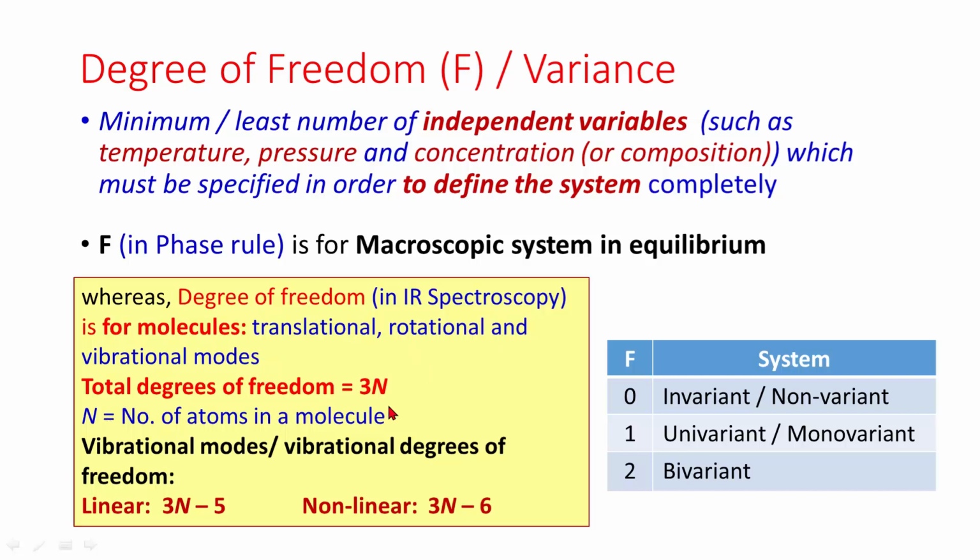Their total degrees of freedom is given by 3n, where n is the number of atoms in a molecule, and vibrational modes or vibrational degrees of freedom for linear molecule are given by 3n minus 5, and for non-linear molecule are given by 3n minus 6. One has to take care that degree of freedom in phase rule is different from degree of freedom in IR spectroscopy, and degree of freedom in phase rule is for macroscopic system in equilibrium.